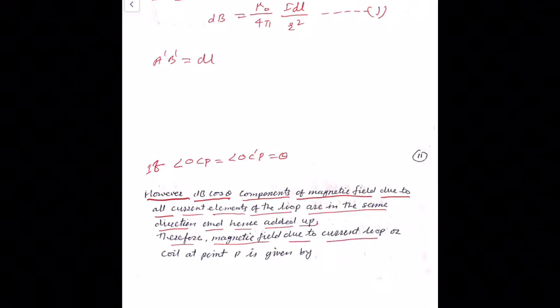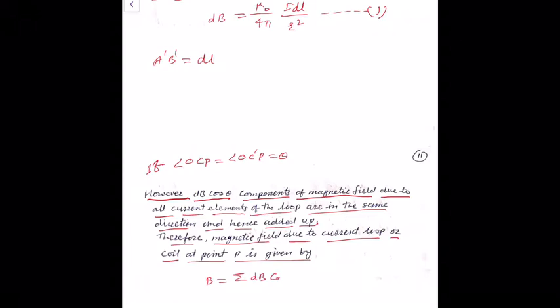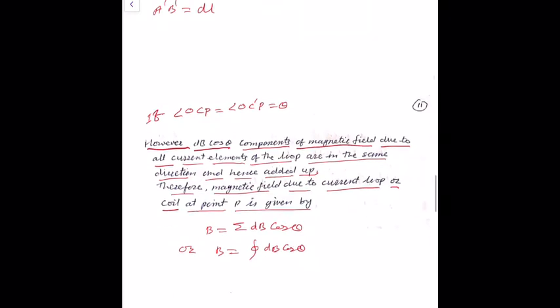Therefore, the magnetic field due to the current loop or coil at point P is given by B is equal to the summation of dB cos theta, or we can write B is equal to the closed integration of dB cos theta.